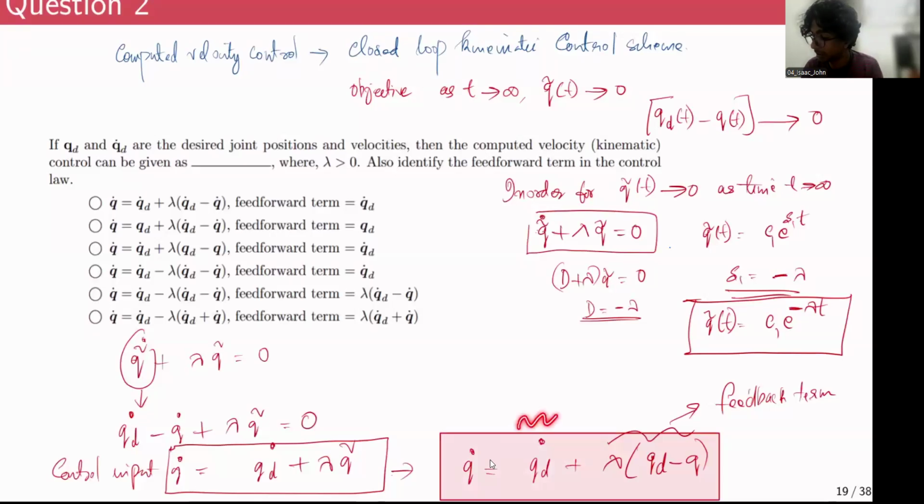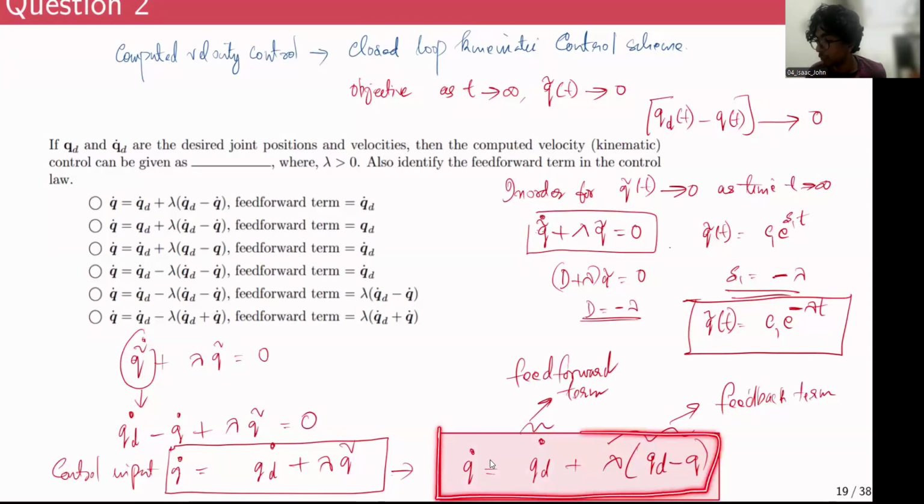And this remaining term, q desired dot, is what we call the feed forward. We are simply feeding that into the controller, but q actual comes from the sensor and, through a feedback loop, is fed into the controller.